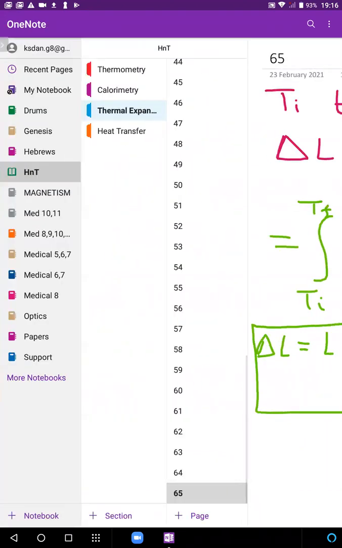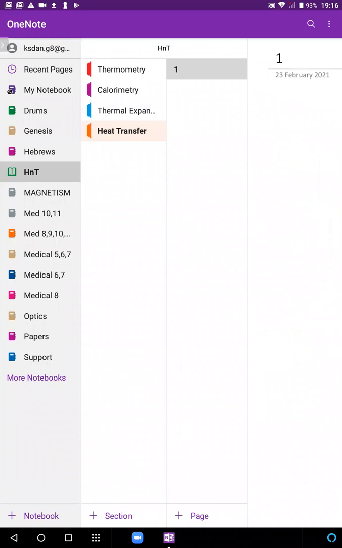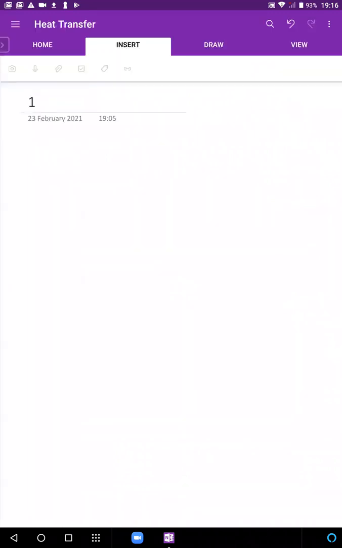So today, we are starting something new now. We're going to start with the next section of physics called heat transfer. Just to give you some idea about this section, it will go over the 3 modes of heat transfer.